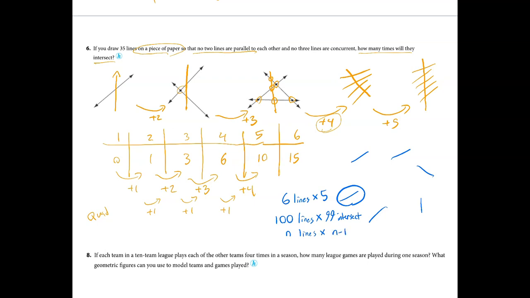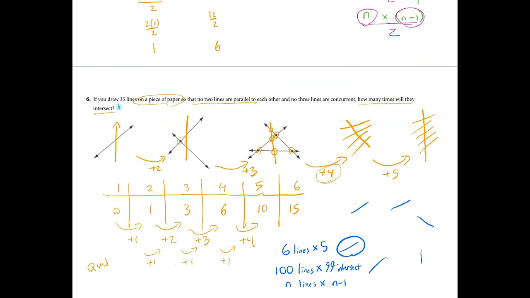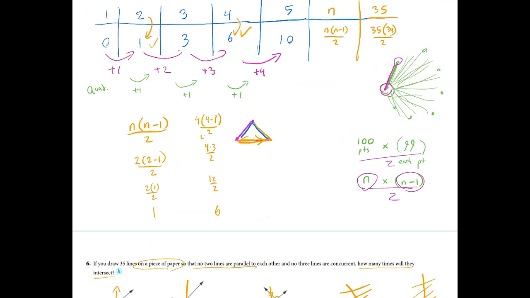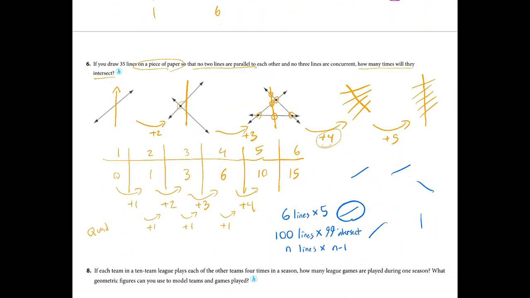Each line will hit every other. But just like on the last one, where we said we're not going to count the line segment forward and the line segment back. It's the same line segment. We don't need to count it twice, so we had to divide by 2. Here, same thing. If I have a line and it hits this other one, that's not 1 intersection and 2 intersections, right?